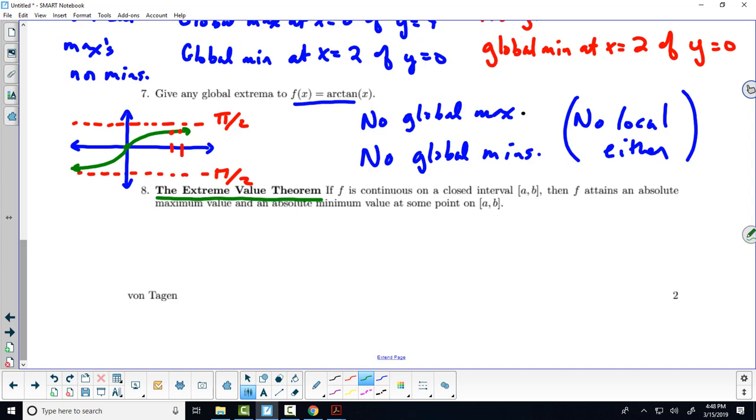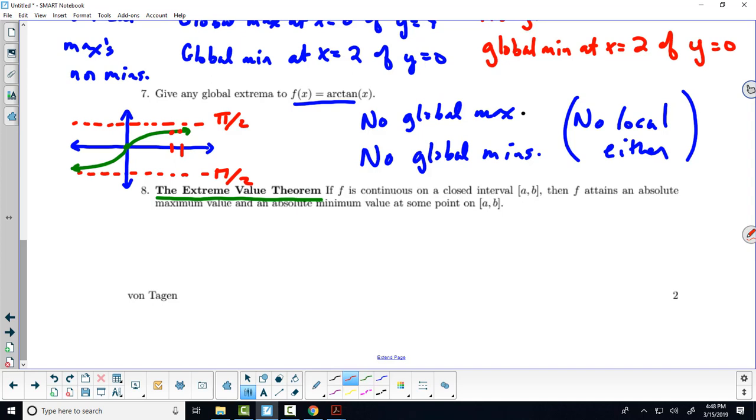We want to know where they have the largest y values and the smallest y values for a given function. But we've already seen, in example 11, examples where functions don't have extreme values. So we want to know what conditions are necessary to require that the function have a global maximum or global minimum. So this theorem sets those conditions.